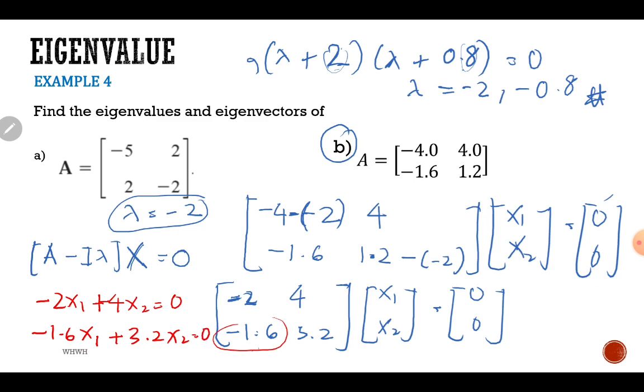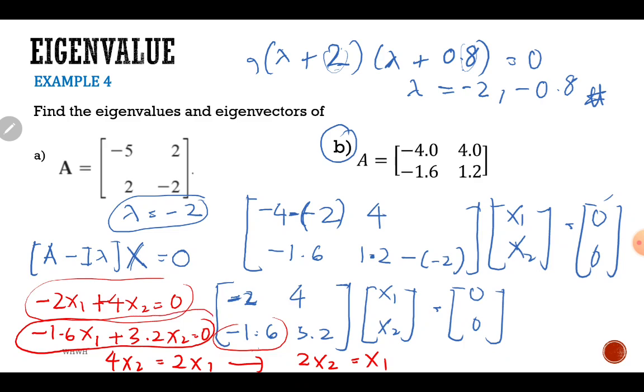Okay, so daripada equation ni kita akan dapat 4x2 sama dengan 2x1. Okay, so 2x2 sama dengan x1. So dari sini kita dapat x1 ni sama dengan 2x2. Sama tak equation kedua ni? Equation kedua ni pun sama. Kalau you buat 1.6 x1 pergi ke belah kanan is equal to 3.2 x2. So we'll end up 2x2 sama dengan x1.